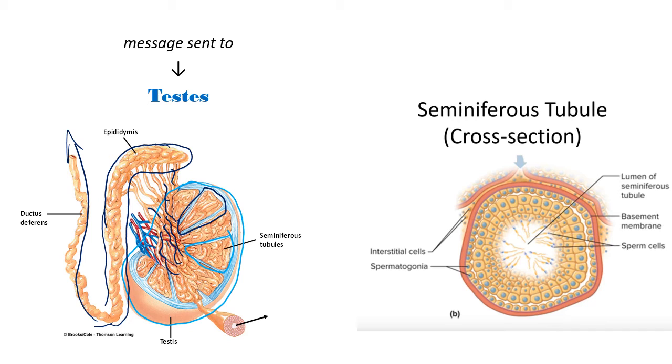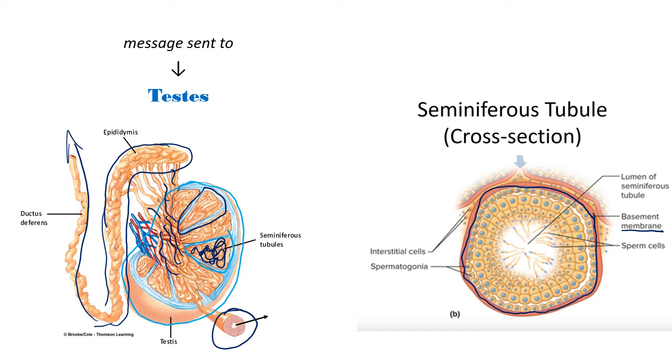And so that production begins here in the seminiferous tubules themselves. Many, many loops of the seminiferous tubules sit in those lobules. If we were to take one single seminiferous tubule and cut it in cross section, we can see that it's surrounded by a basement membrane. So we have a compartmentalization here of a single seminiferous tubule.